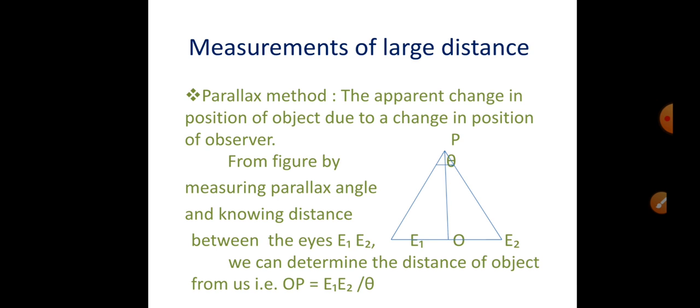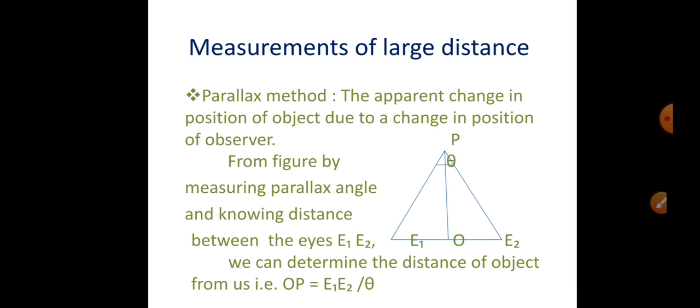The parallax method is the apparent change in position of an object due to the change in position of the observer. Here is one simple experiment to understand it: hold your hand in front of you and look at it with your left eye closed, and again with your right eye closed.